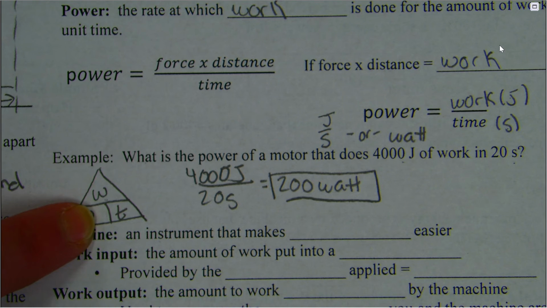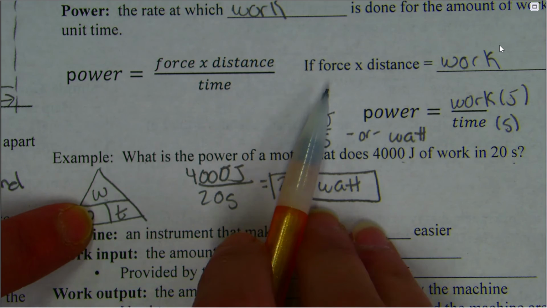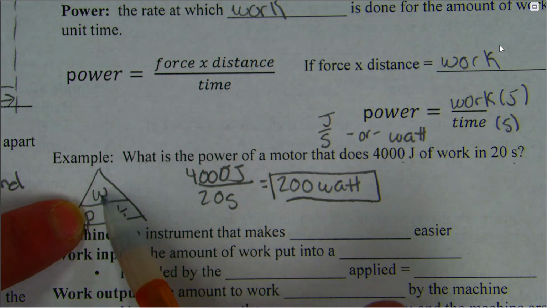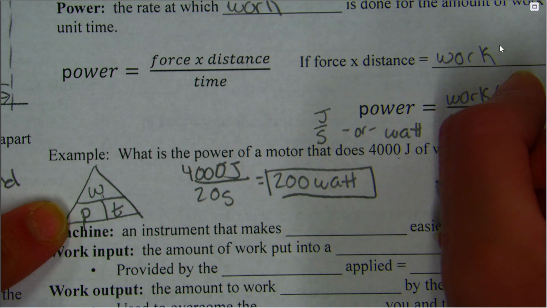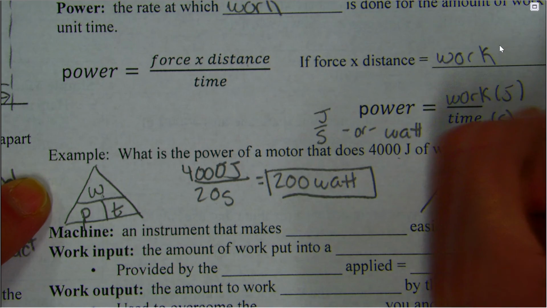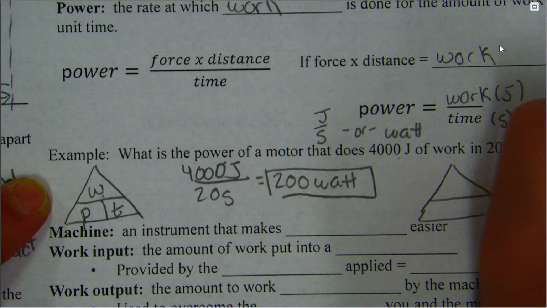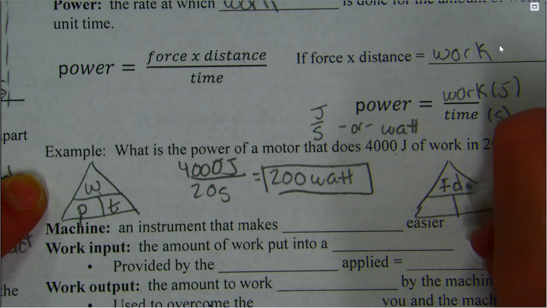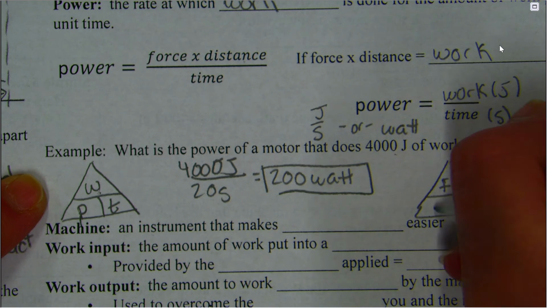Now, because work is force times distance, it is possible I give you the force and the distance. So you could have a triangle as well, where we rearranged work to show us that it is force times distance. So there's my power divided by time.